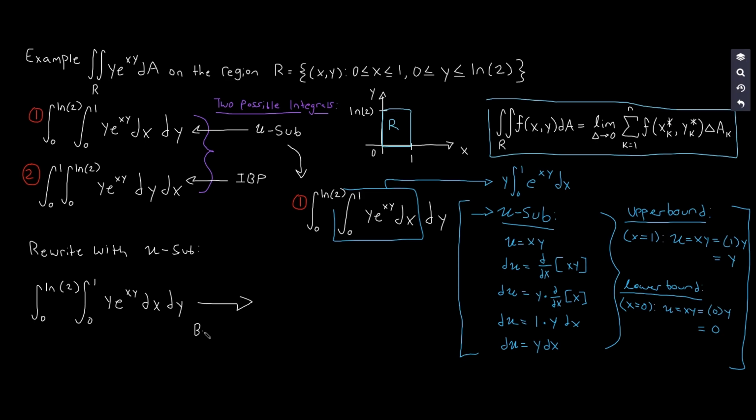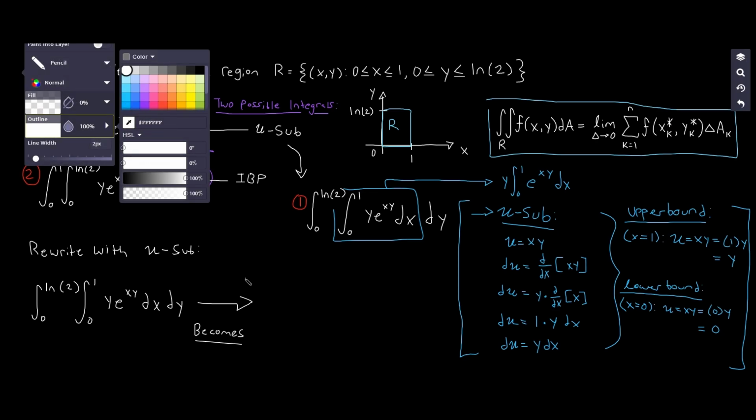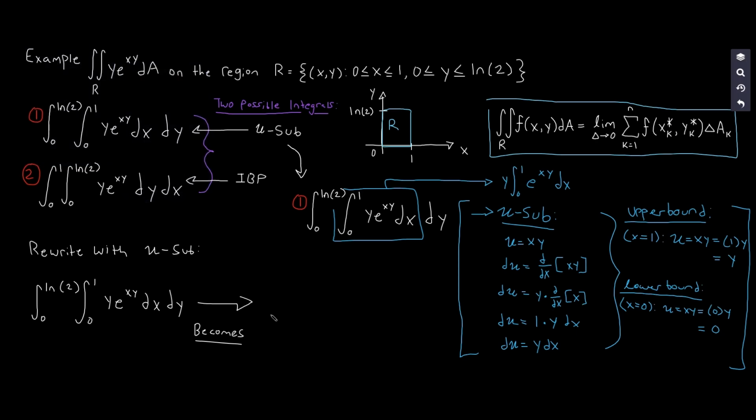And so if we apply our u substitution, this is going to become the following. That is, the definite integral from 0 to the natural logarithm of 2, that stays the same. We're leaving that alone. We're just evaluating the inside.